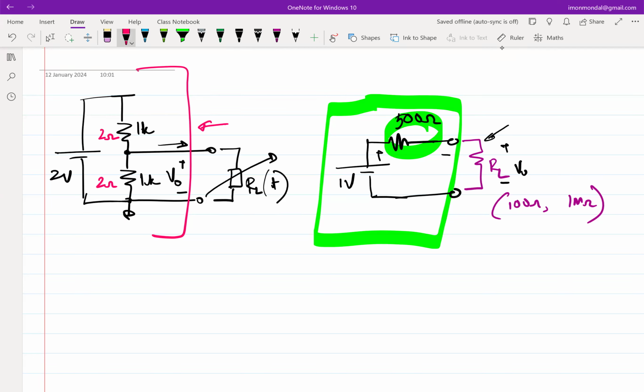So if this is 2 ohms, then we saw that even in the absence of RL, you are drawing 2 volt by 4 ohms, that is 500 milliamps, 0.5 amps of current, even when your device is essentially off.